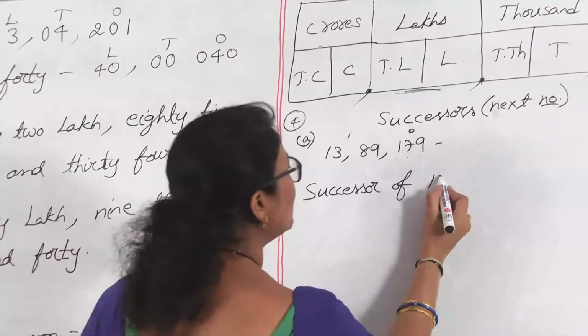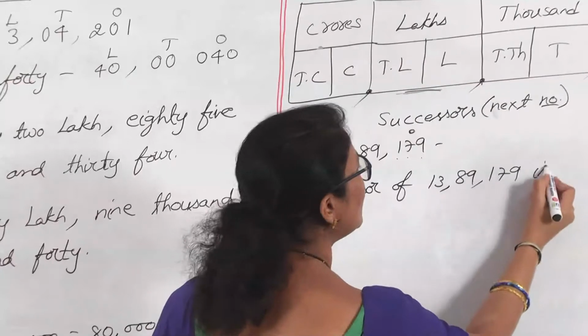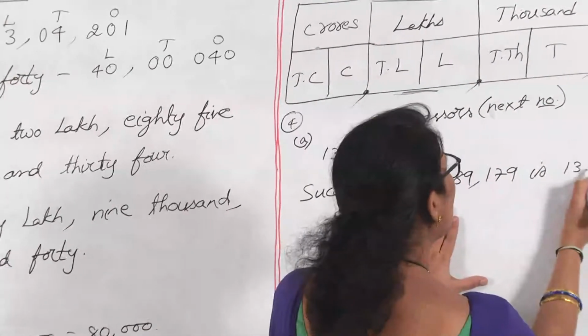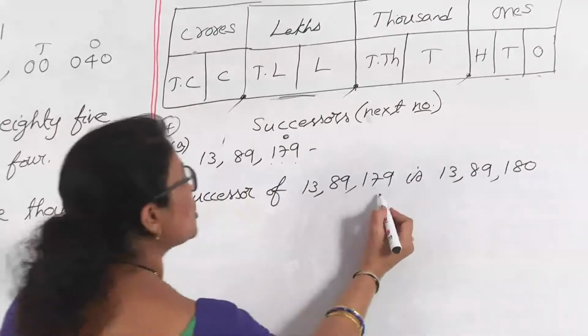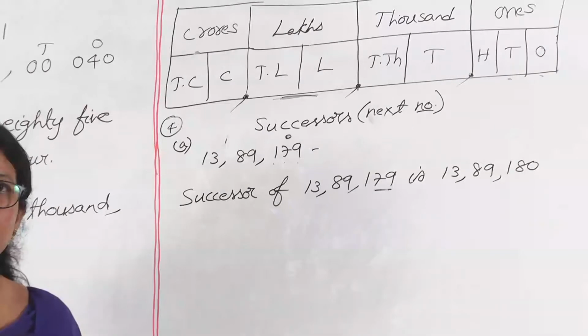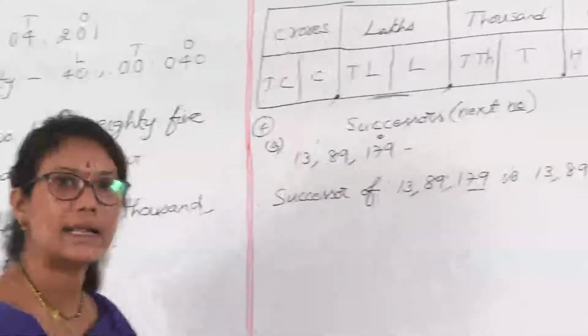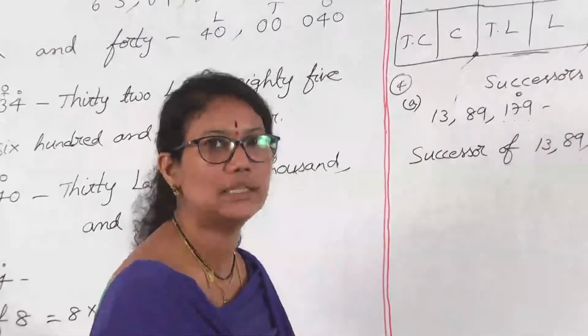So, let us write here successor of 13,89,179 is 13,89,180. Just check out ones and tens place. It is 79, 79 after 80. This is one method, writing directly, or you can add 1 to the given number to write the successor.